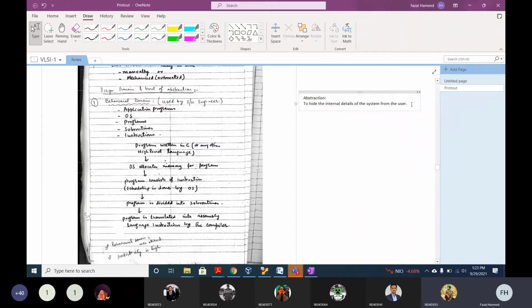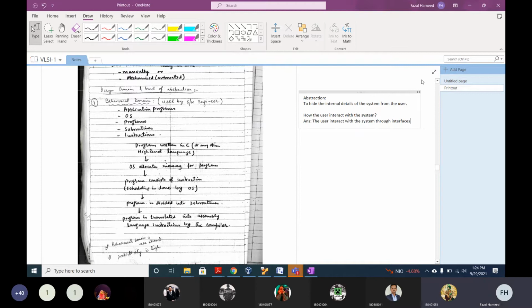Okay, so how does the user interact with the system? The answer: through interfaces.